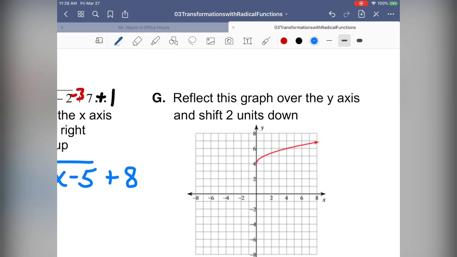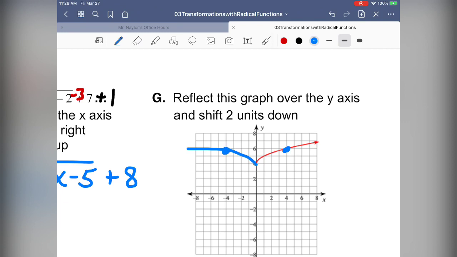What about this graph? If I want to reflect it over the y-axis and I want to shift it down. Now, you might recall that I said on the front of the paper that you always do reflections first. So I want to think about my reflection. When I say think about the reflection, I can just draw it. I can also take specific points, like maybe this point 4, 6, and I can change it to be -4, 6.